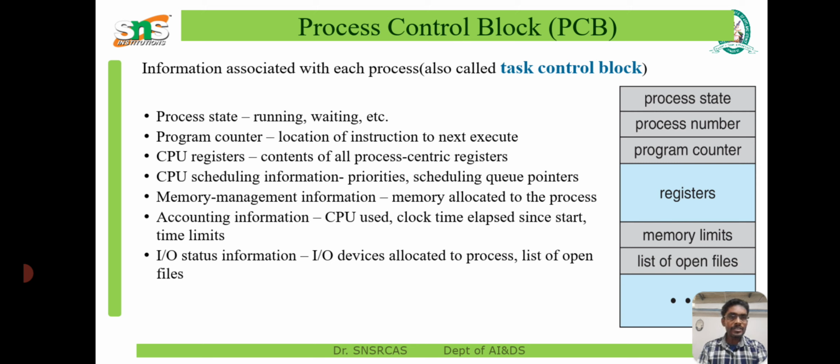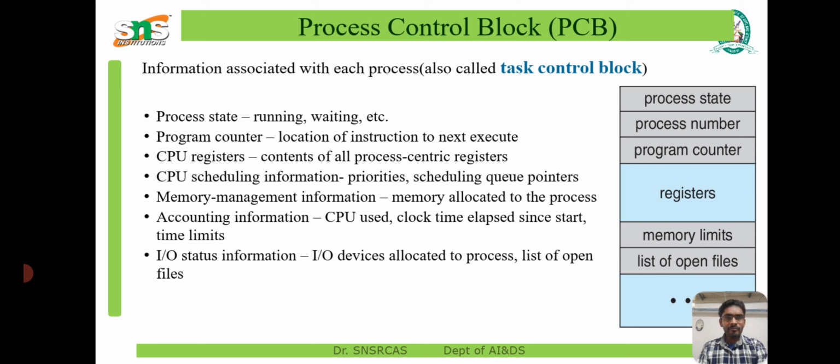And the CPU registers are nothing but the contents of all the processes which are stored in the registers. And the CPU scheduling information includes priorities and pointers to scheduling queues. Memory management information is the memory allocated to the process, from which memory the process is loaded, from the secondary memory to the main memory.